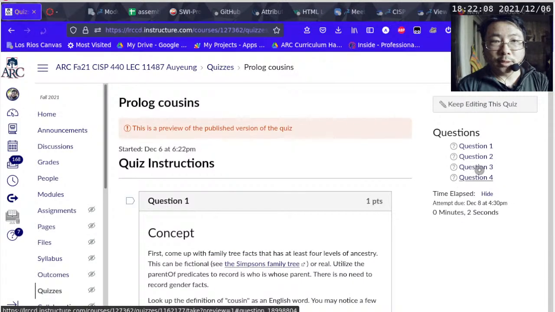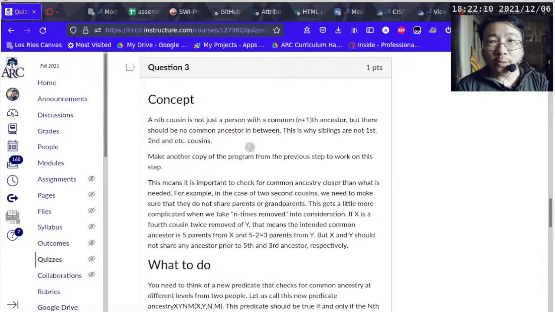All right. So question number 3, I believe, is this one. So is that the correct one that you want me to go over? An nth cousin is not just a person with a common n plus 1th ancestor, but there should be no common ancestor in between.